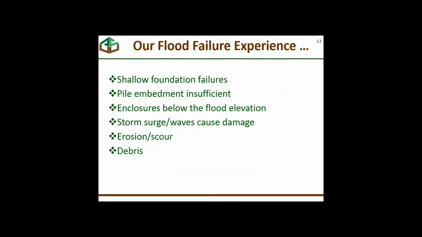Our flood design information, at least that's been developed by FEMA over the years and that I have used most frequently, really comes from what has not worked. So our failure experience has really driven what our designs today and our design guidance today looks like. So we have seen shallow foundation failures for sure.